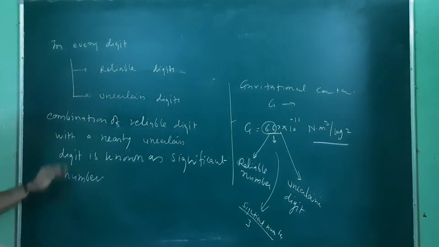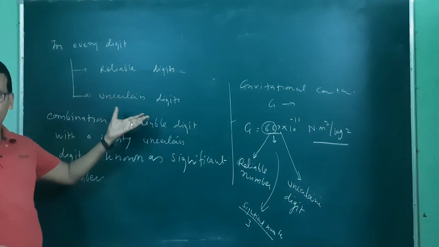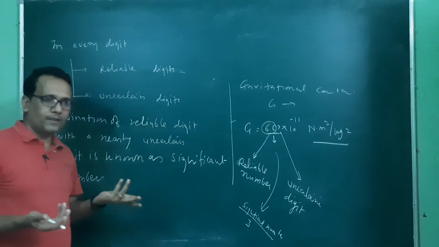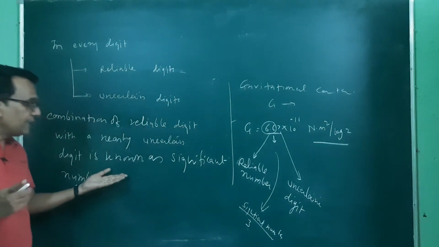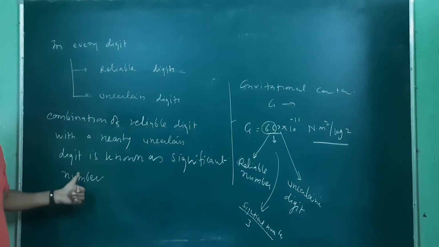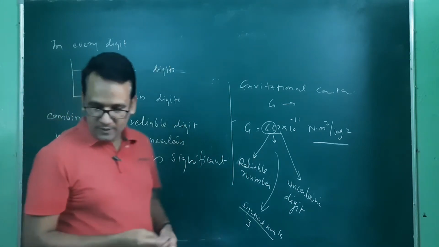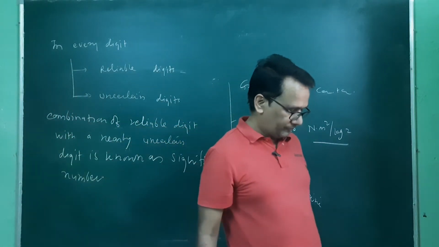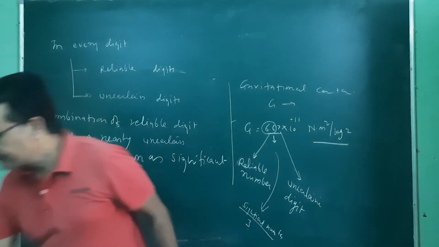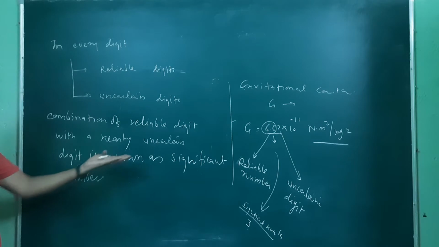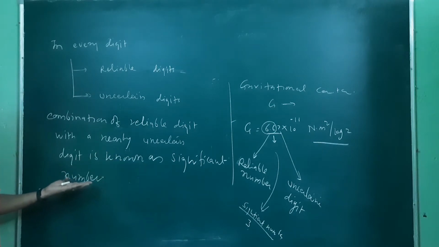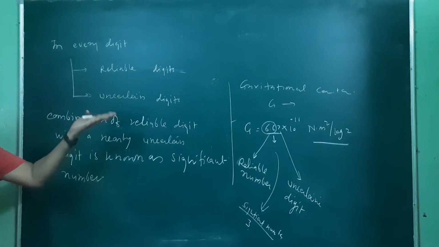So what are significant digits? The combination of reliable digits and one nearby uncertain digit. These are the significant digits, significant numbers. And there are certain rules to get the number of significant digits in a particular quantity.